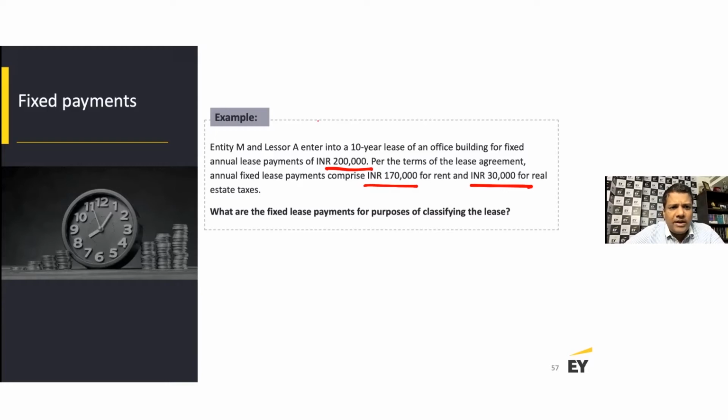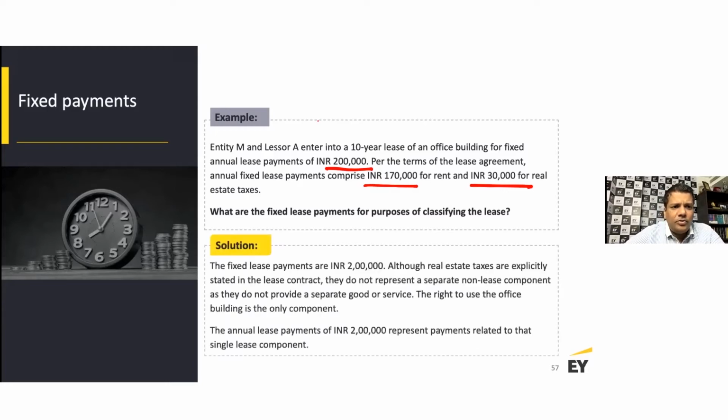Because that is what I need to make inclusive of the taxes which I need to pay. Unless these taxes are allowed to be offset against any other kind of tax payments which you are making, then you look at lease payment only as 170,000. But generally, the real estate taxes are not allowed to be offset, unlike goods and service tax. So the fixed lease payments are INR 200,000.